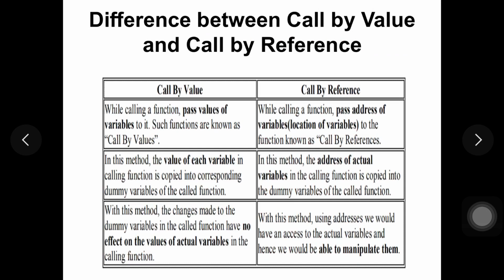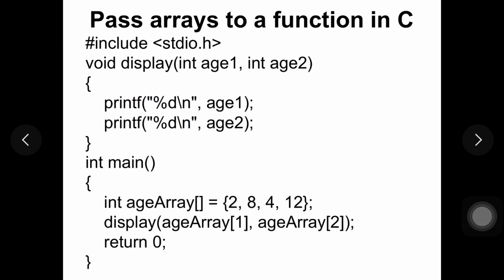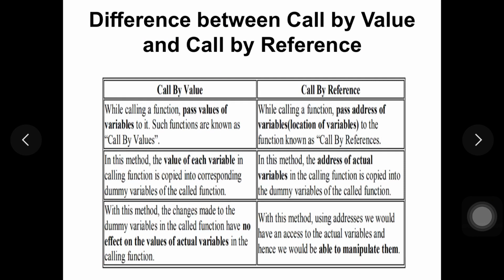In the third difference, the changes made to the formal variables will not affect the actual variables, whereas in the call by reference mechanism, whatever changes you make to formal variables will affect the actual variable value. So this is about the difference between call by value and call by reference. Fine.